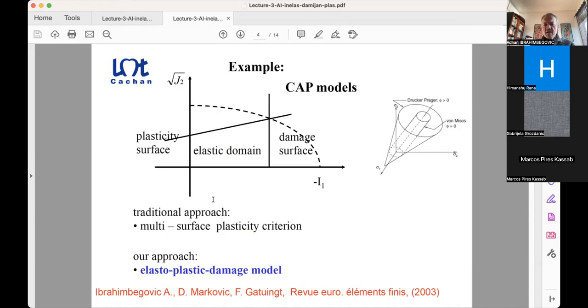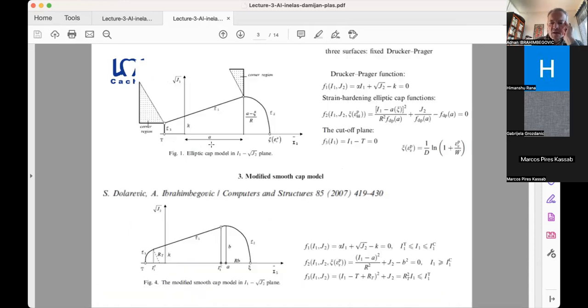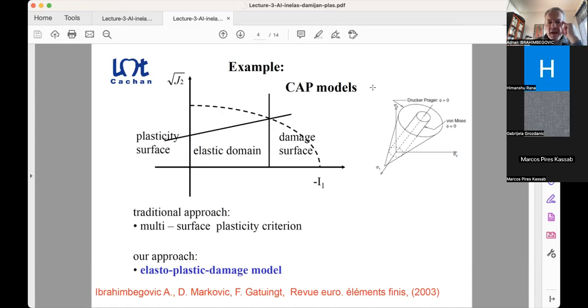damage and plasticity. In other words, we kept the plasticity model for the sliding, which is related to this Drucker-Prager yield function. And then for the damage, we simply took these two cutoffs that are proportional to the trace part, and combined this instead of these caps.